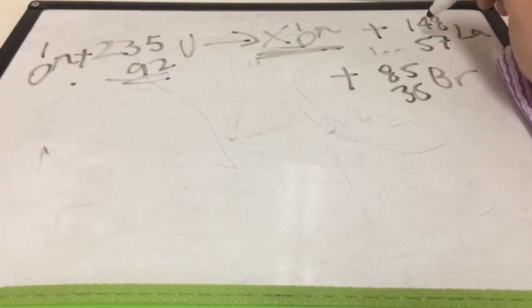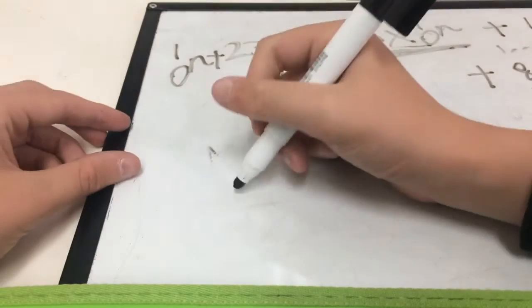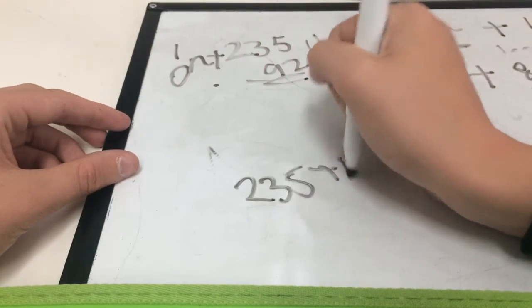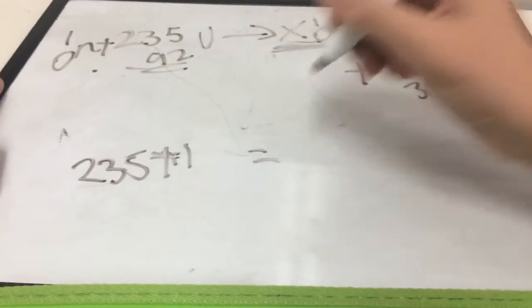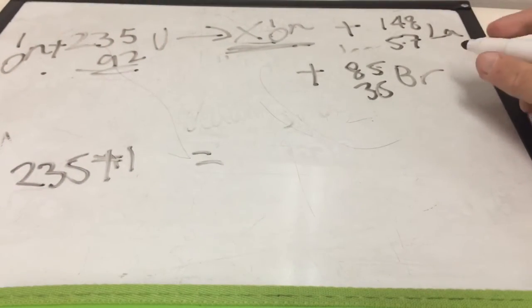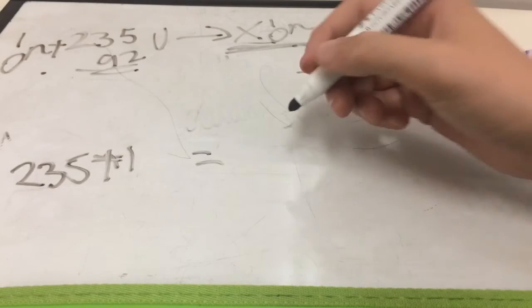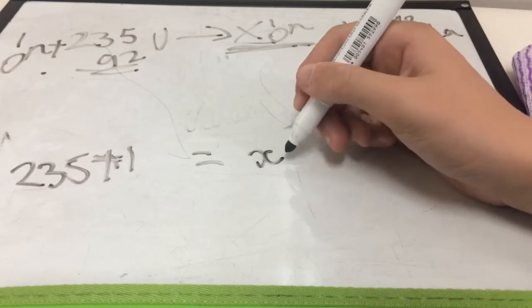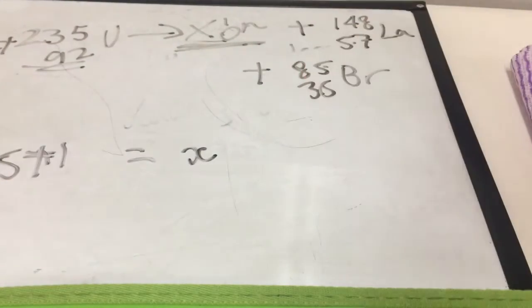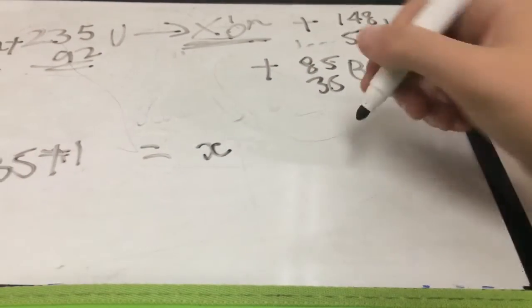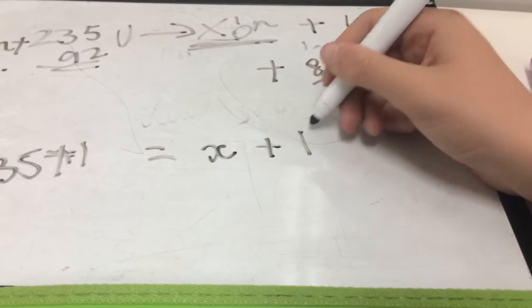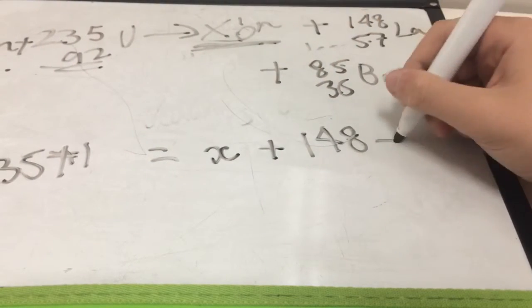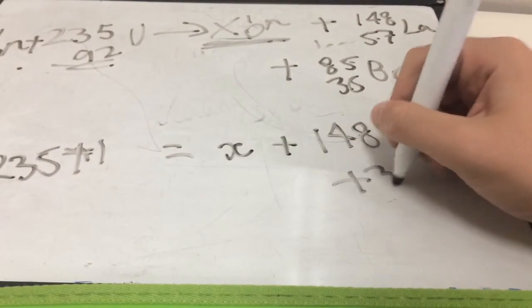So if you did all the calculations here, for starters, 235 plus 1 has to equal X neutrons plus 148 plus 85.